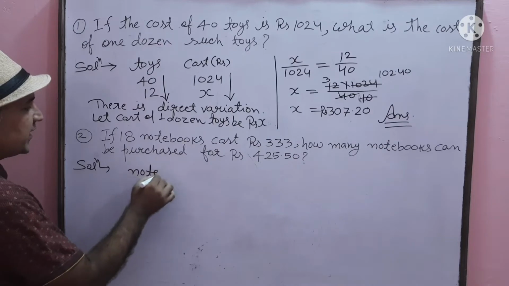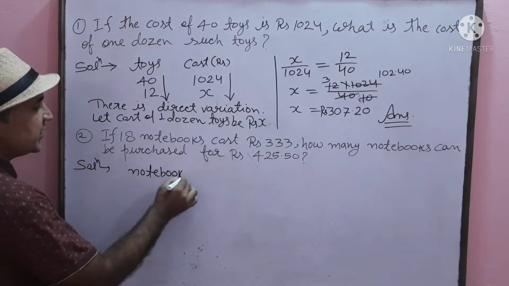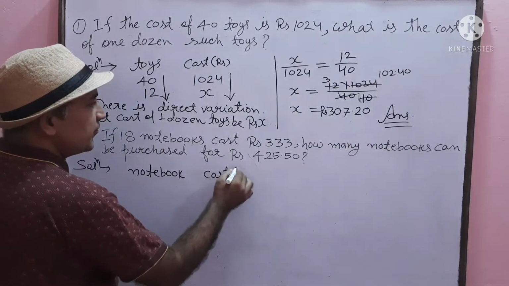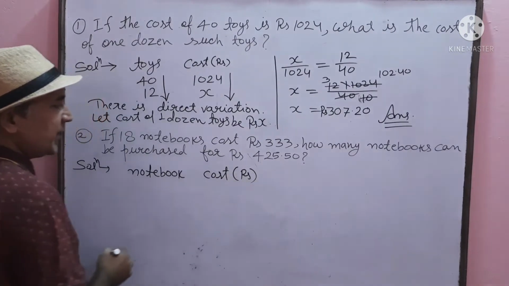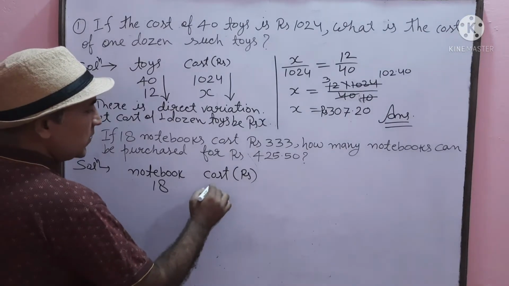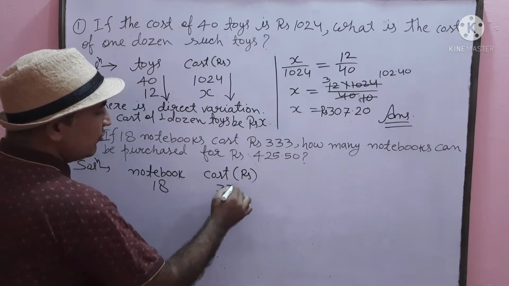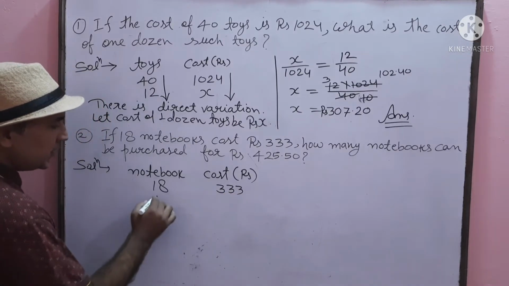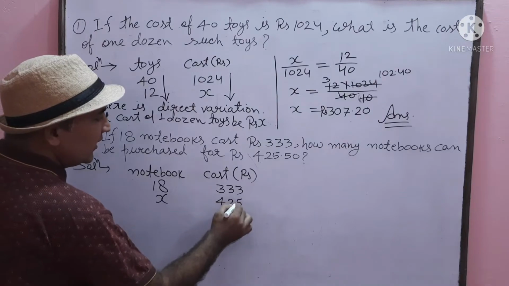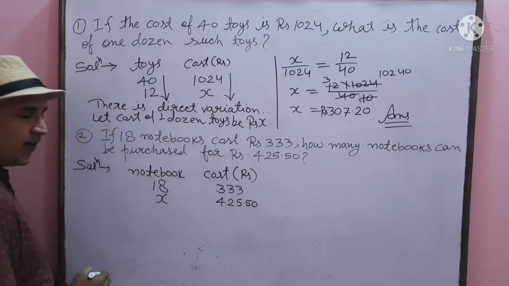Again, we are watching that there are two terms given. One is the notebook and second is the cost in rupees. First, it is given that 18 notebooks cost rupees 333. Then how many notebooks cost rupees 425.50?